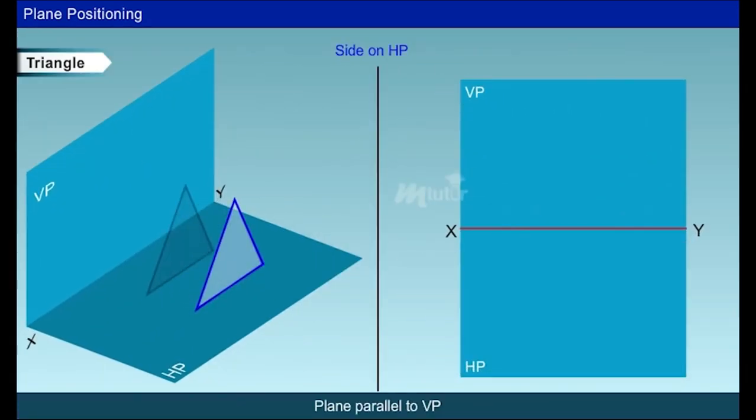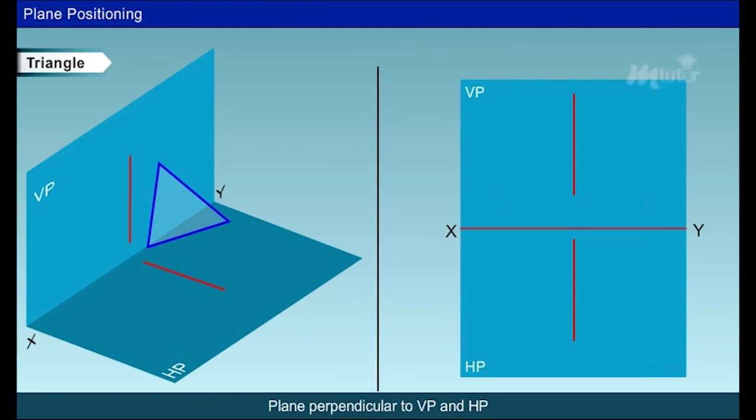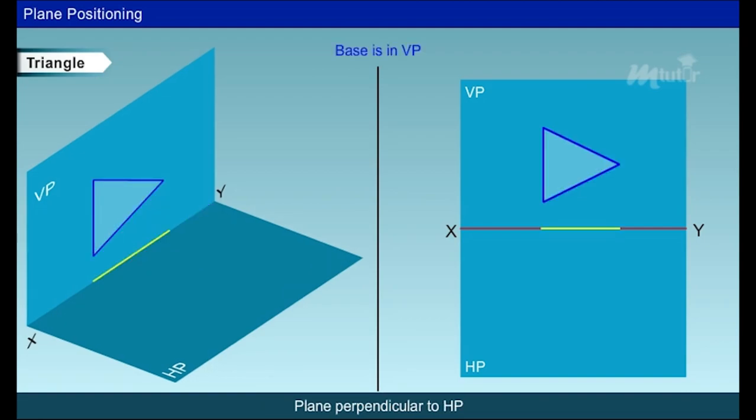If the problem is given that the triangular lamina stands on one of its sides on HP and the lamina is parallel to VP, it can be placed in the principal plane as shown. If it is given that the triangle is perpendicular to both the planes, then it can be drawn as shown. When the triangle is perpendicular to HP and its base is in the VP, it can be drawn as shown.